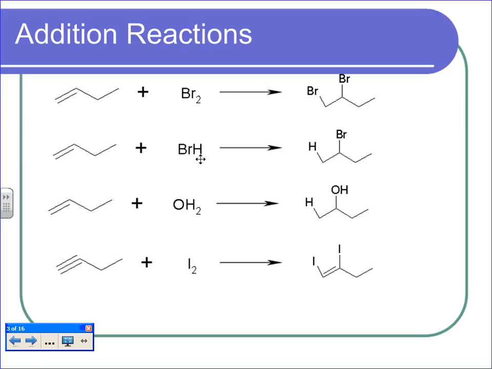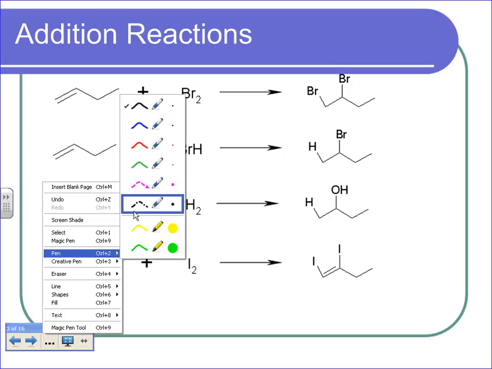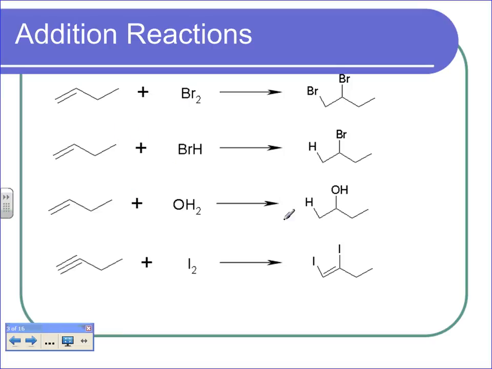So here are several examples of addition reactions. We've got our double bond and the substance that we're adding. And what happens is, in this case, the bromine is going to be added across the double bond. So the way that I imagine this is I think of the bromine as going over top of the double bond.